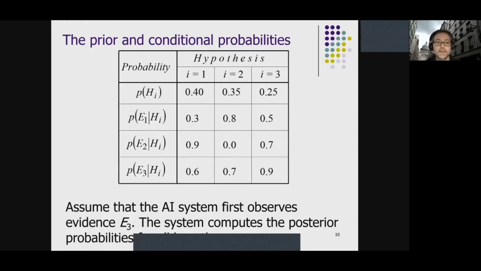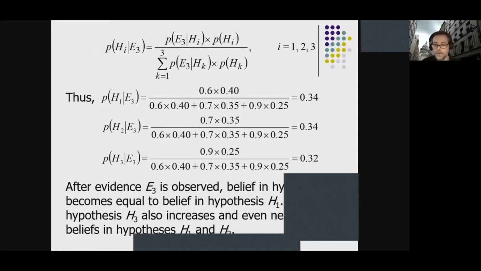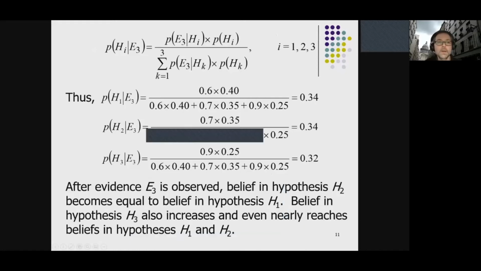And we assume that the system operates and it receives some kind of information from the sensor. It observes E3. So the system needs to compute the posterior probabilities for all the hypotheses available. And you can see on this slide how the equation is transformed.